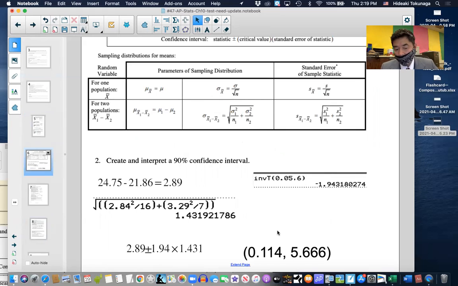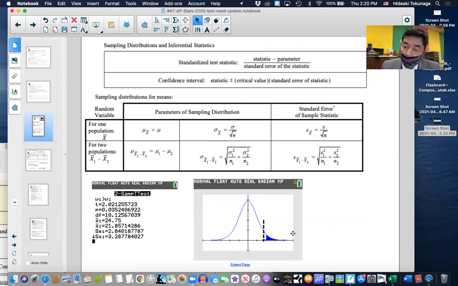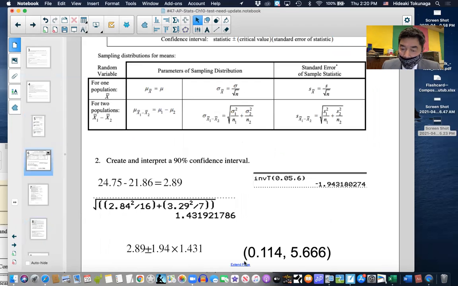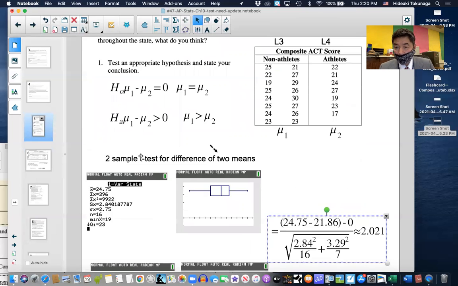That ties into the hypothesis significance test: for the significance level, we reject the null hypothesis. I hope you understand.